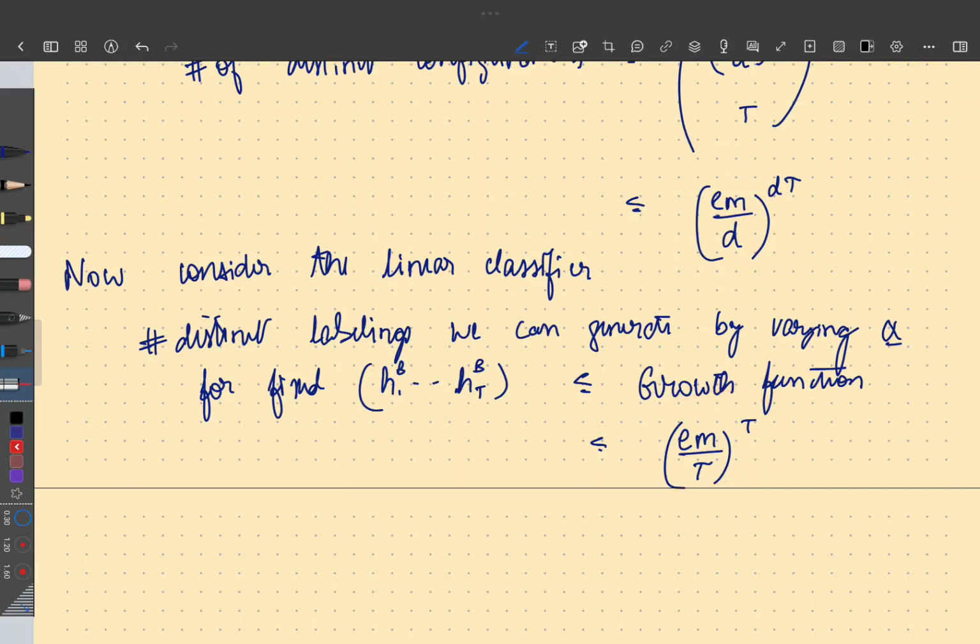So if I compose the two, how many possible distinct labelings can I generate? Product of the two. It's a loose upper bound, but that's okay.